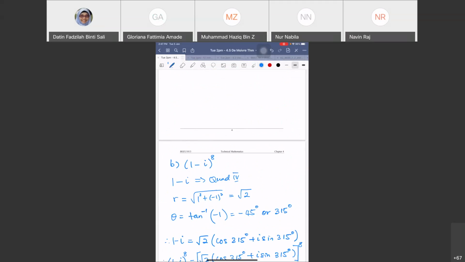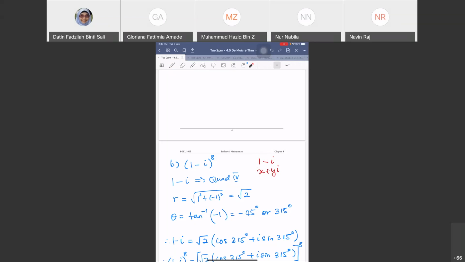For this complex number, 1 minus i, we are comparing it with our x plus yi, the standard rectangular form of a complex number. So when you compare, x equals 1 and y equals minus 1.